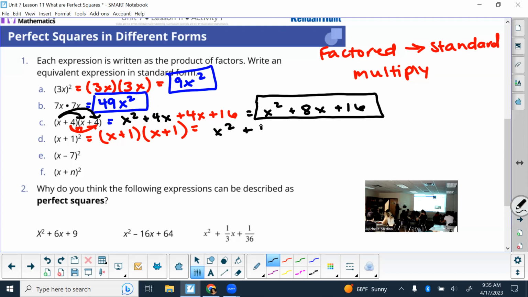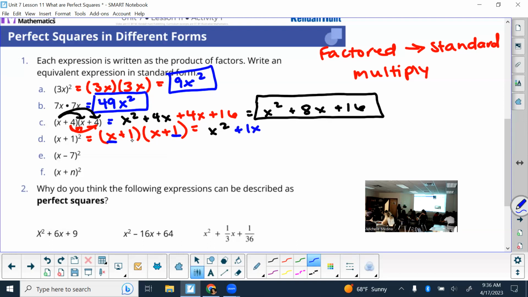Okay, so it's not going to be that because we're missing something. What you did was the first and the last terms multiplied. We're still missing the outer and inner. So, let me move this. So x times x is x squared. What about x times 1, table 5?